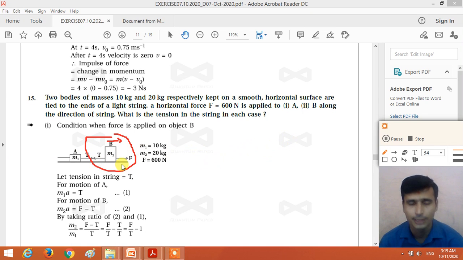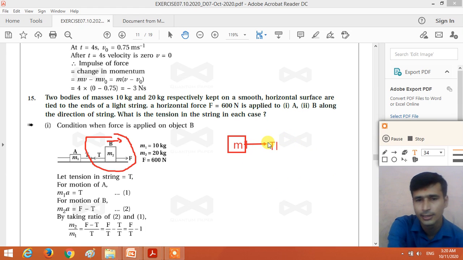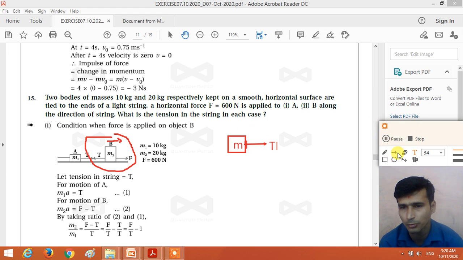So here if you draw the free body diagram of the object M1, it is like this, right? Only one force is produced on the block, and it is a tension force, and the block is moving with acceleration A in the direction of the external force, right?